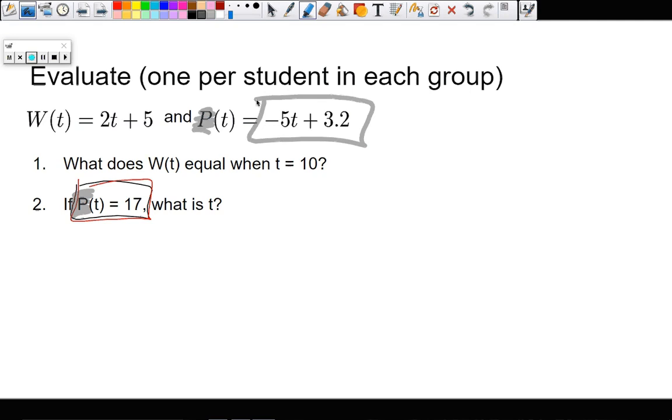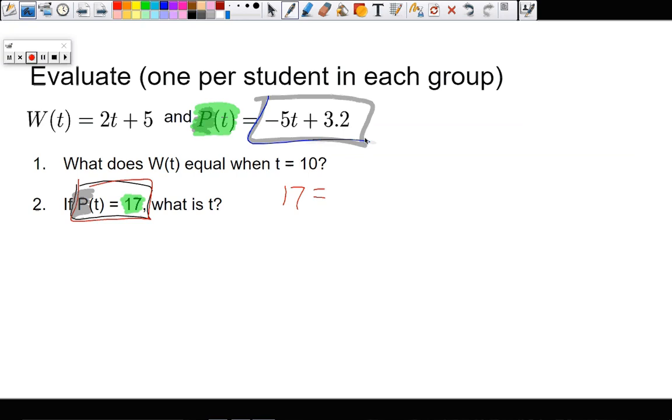So if I said that P of t is 17, I'm saying that the answer is 17. You with me? It's like you're working backwards. You're not putting quarters in the coin slot and getting a soda. You're seeing what soda came out and you're trying to figure out what did you input to get that soda.